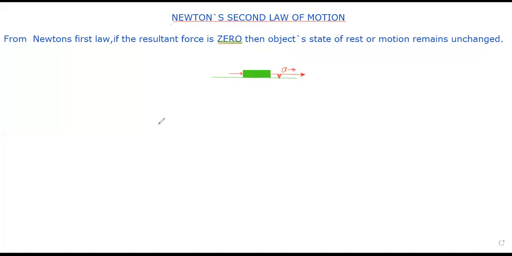And Newton realized that if you take a big truck and you take a mini car, the force required to produce acceleration here will be big compared to the force that you need to apply to push a small car.